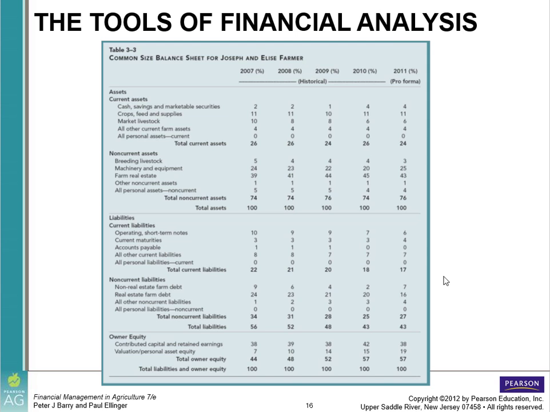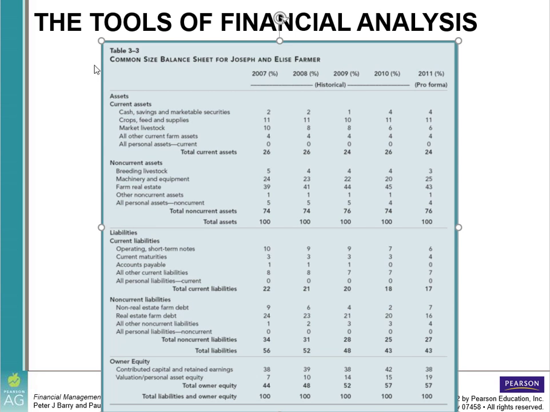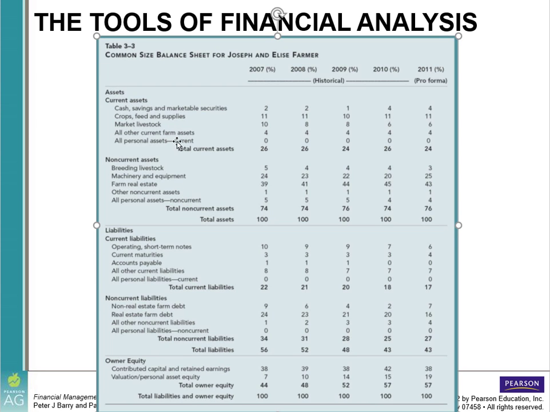So you can clearly see here, for instance, let me just zoom in a bit right here. You can see that you have cash savings and marketable securities. It's pretty much an index. So you have a total index, total current assets, and then total non-current assets.